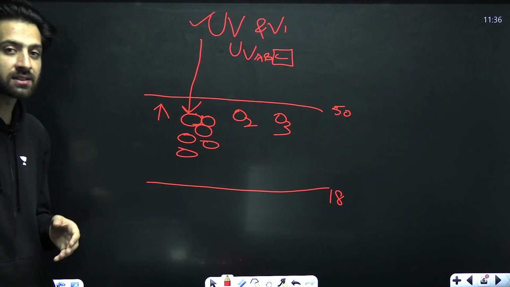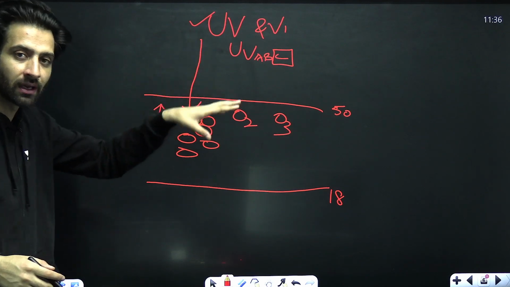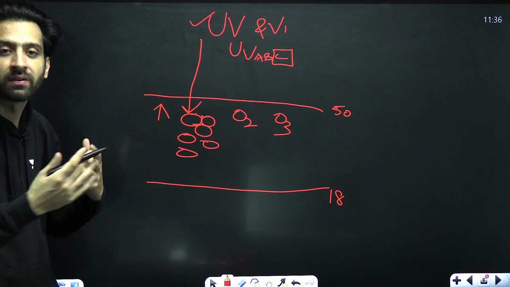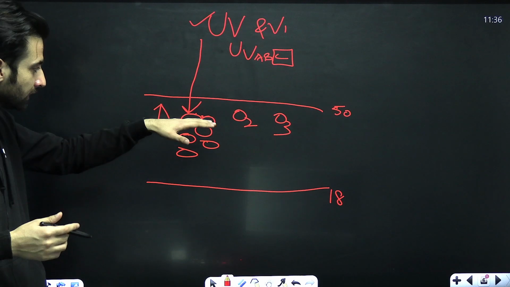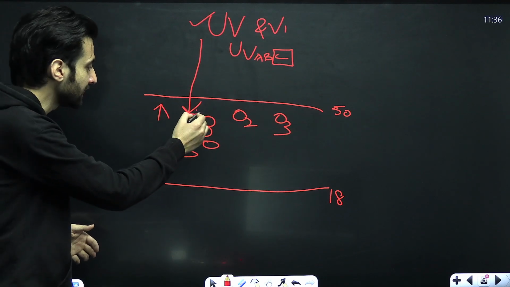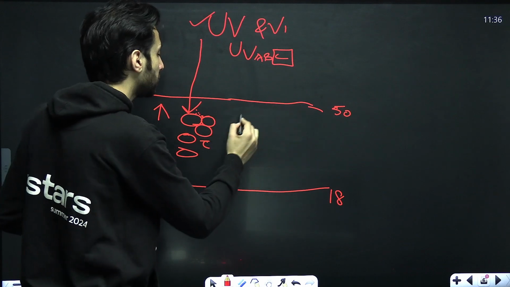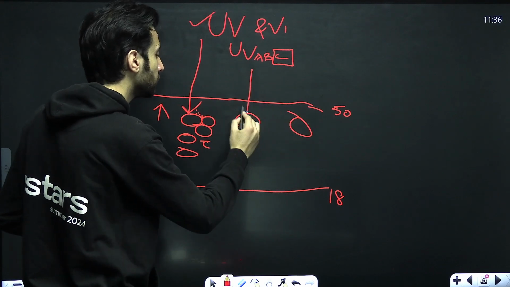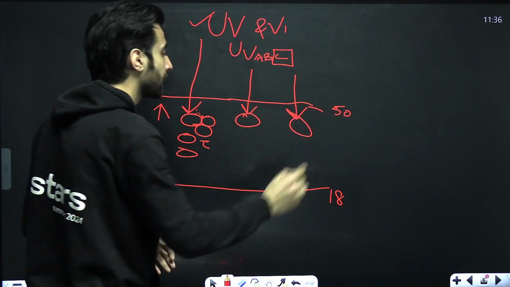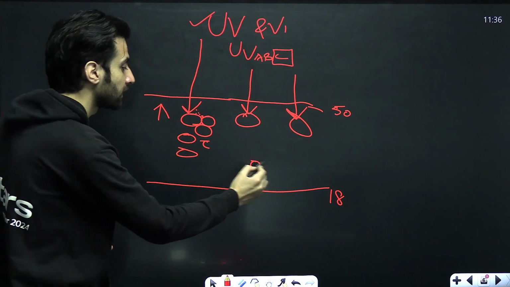Now I would like to ask you guys, what do you think? When the UVC radiations will come, where will they be more effective? Obviously when we are on the top of this layer. Why? Because the radiations will first strike here. All the molecules that will be present in this region at top of the layer, first of all the UVC will strike these areas, and this will result in the breakdown and release of energy, as compared to something that is here.